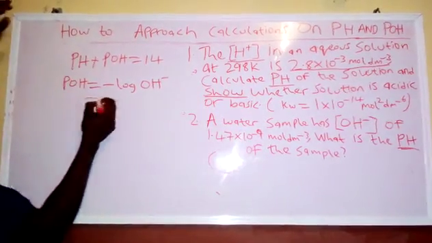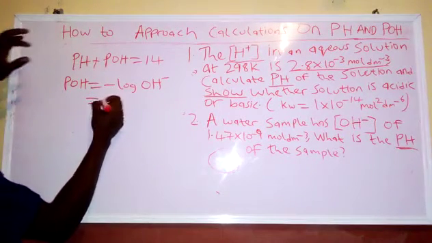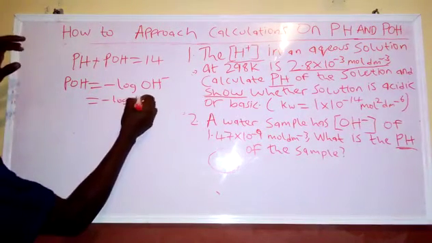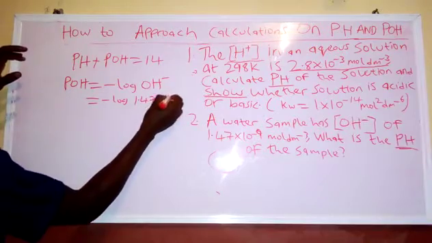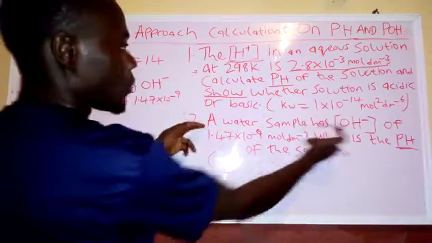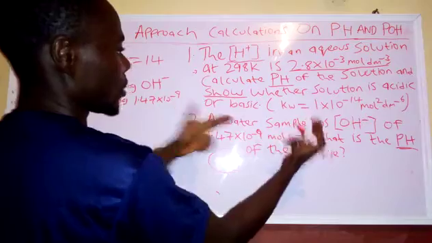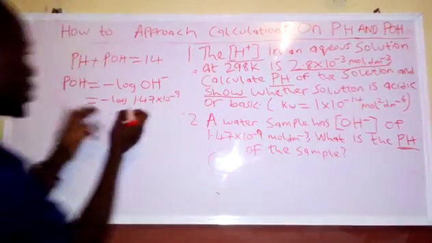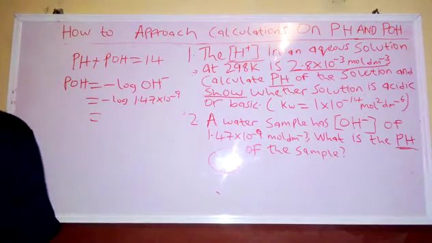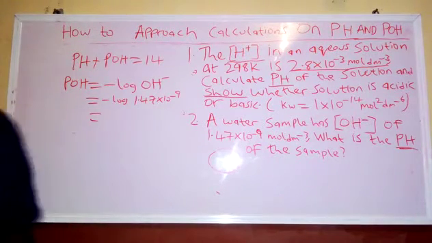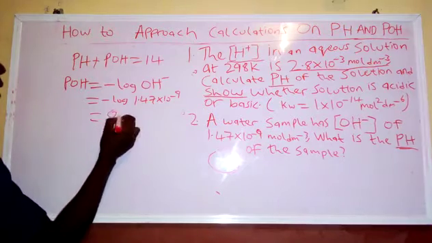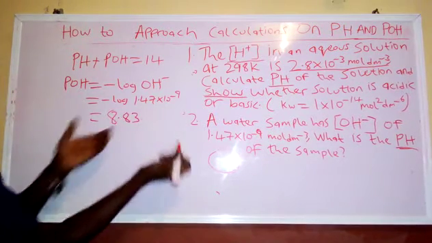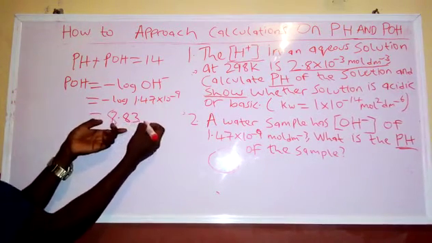Your pOH is minus log of 1.47 times 10 to the power minus 9. Now when you press your calculator, you should have 8.83. So this is what your pOH will be, 8.83.